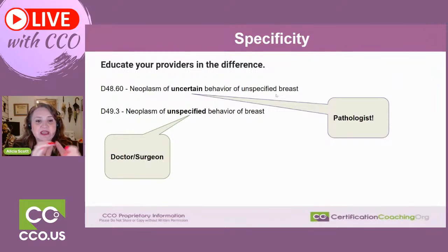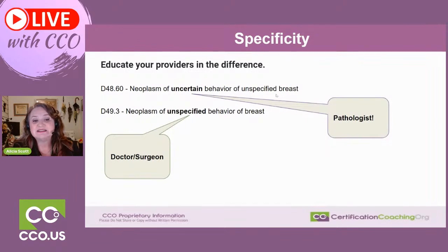But let's take two different codes on the neoplasm table that are out there at the end and we don't use very often. We use unspecified a lot because maybe it's been a screening and they need more diagnostic testing, more information to get specificity.